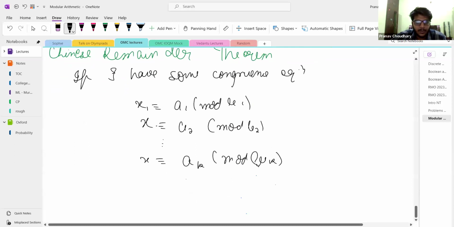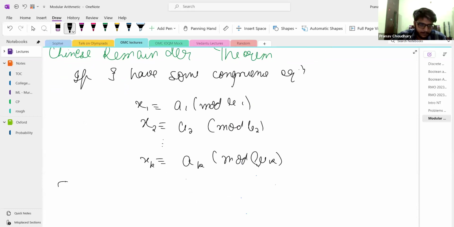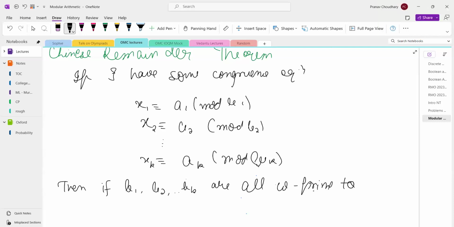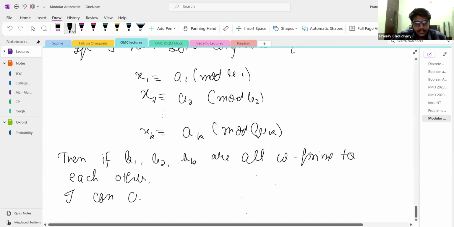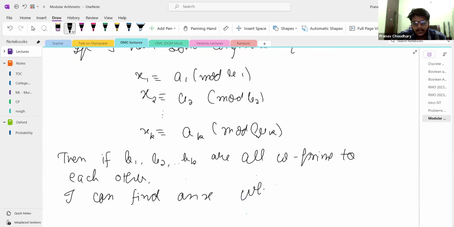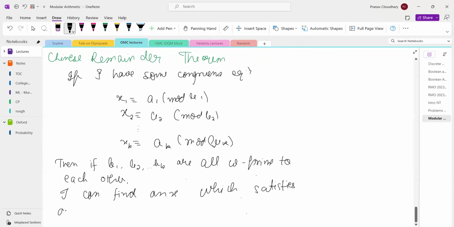Then, if this is a condition which is necessary, b1, b2, until bk are all co-prime to each other, I can find an x which satisfies all of the above equations.